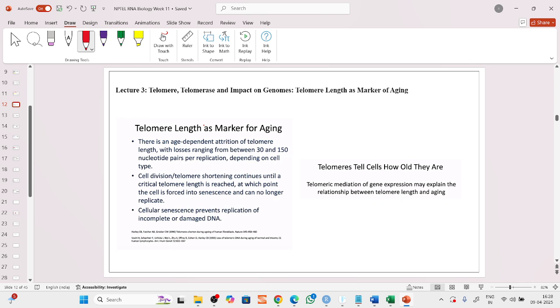So now with all the information we have, can you tell me how telomere length can be a marker of aging? Think. How can we do that?